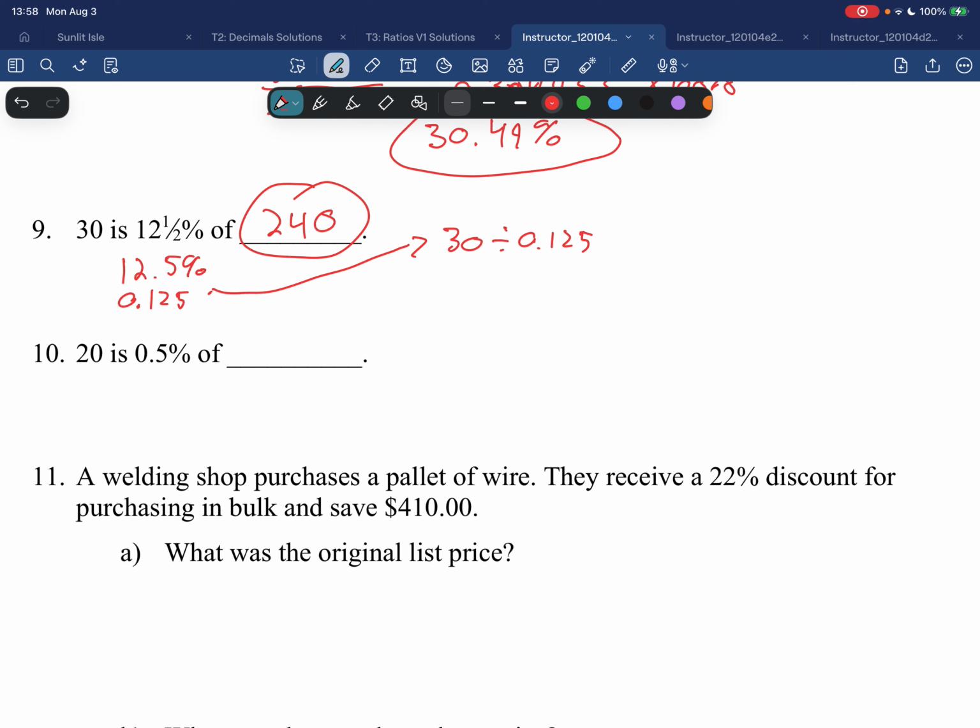Now for number 10 here, it's the exact same method. So 20 is 0.5% of blank. So I'm going to convert 0.5% into 0.005 as a decimal. And I'm going to take 20 divided by that, which I think is 4,000.